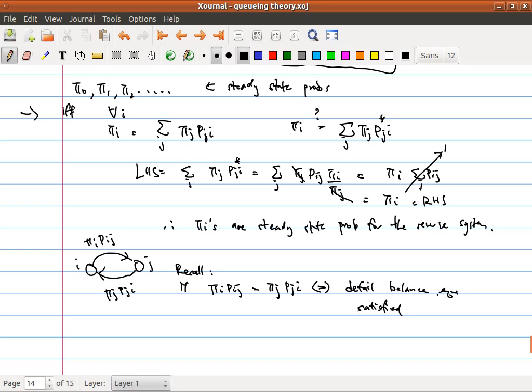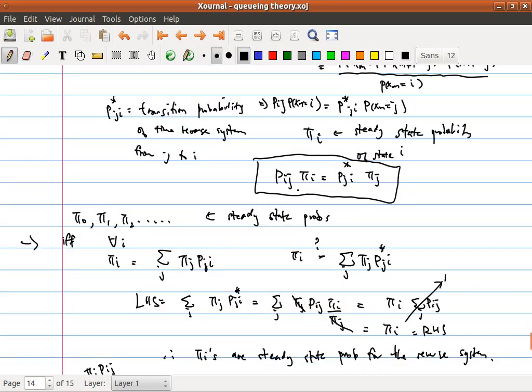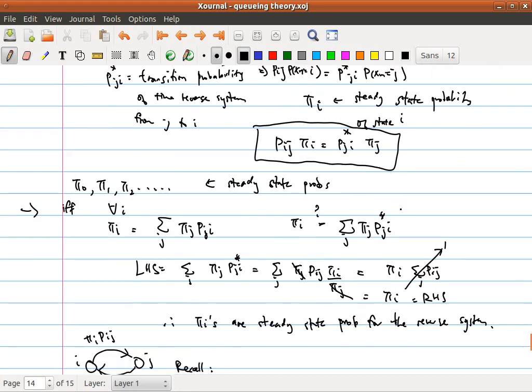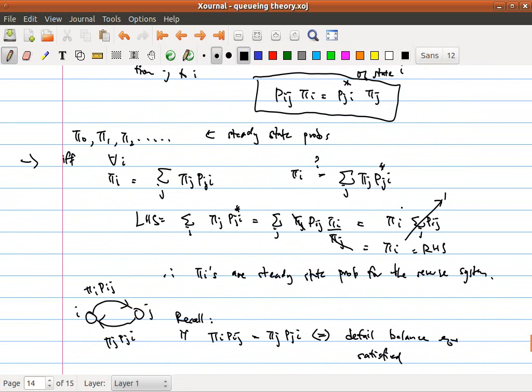So if this is the case, remember that we also have this equation here that is true for all systems. If we compare this here, you see that p_ij pi_i should also equal p_ji pi_j.